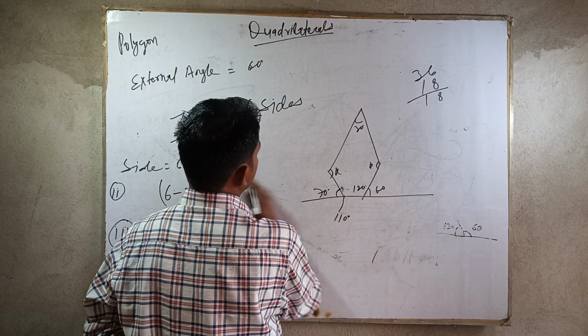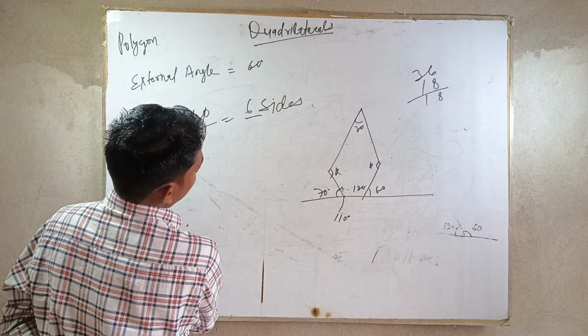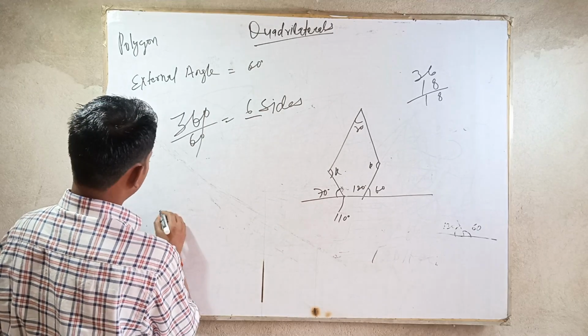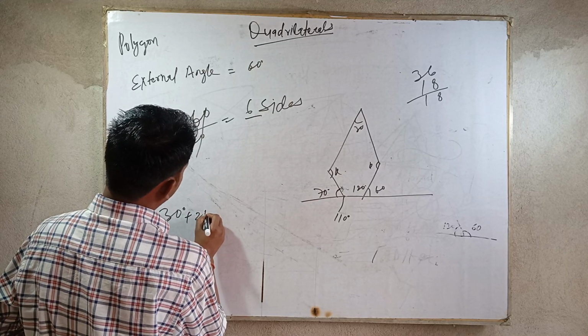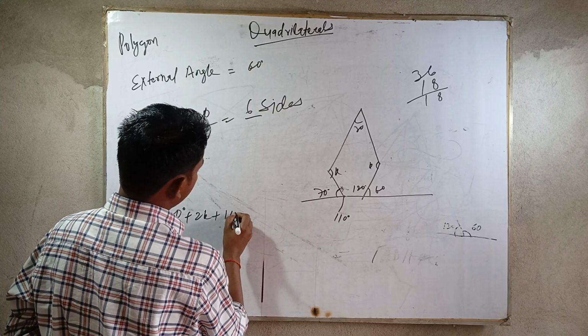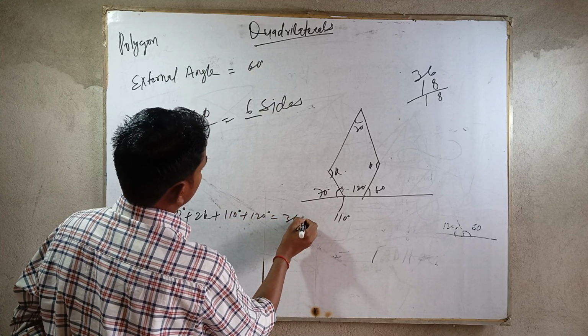And I know that the sum of all these angles equals 360. So 30 plus 2x plus 110 plus 120 equals 360.